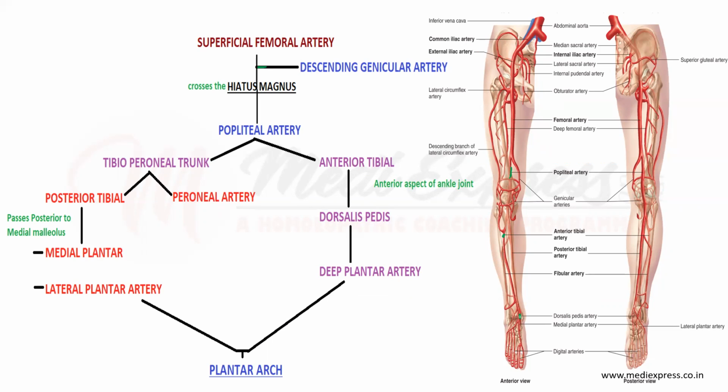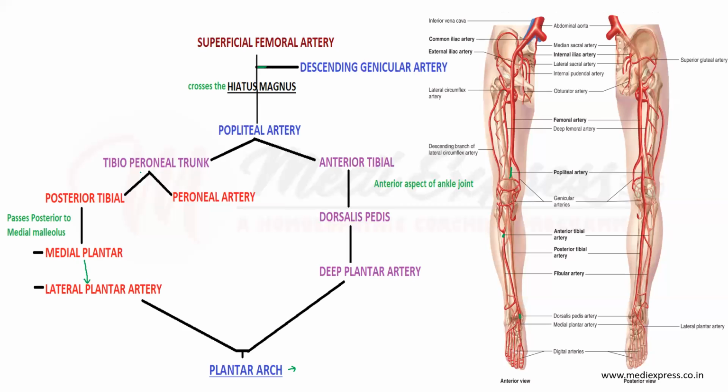This dorsalis pedis artery will ultimately form the deep plantar arteries, which is again going and helping in the formation of plantar arch. And remember, from the plantar arch, we have again digital arteries coming up.